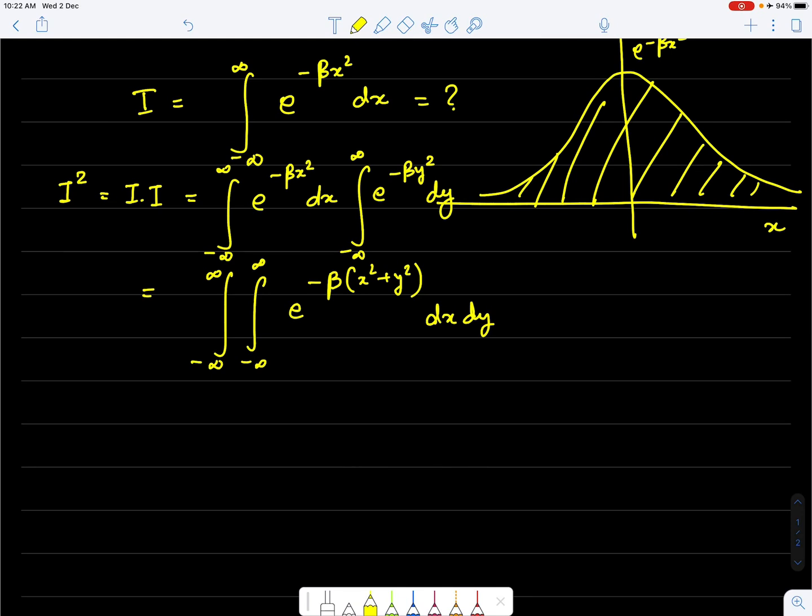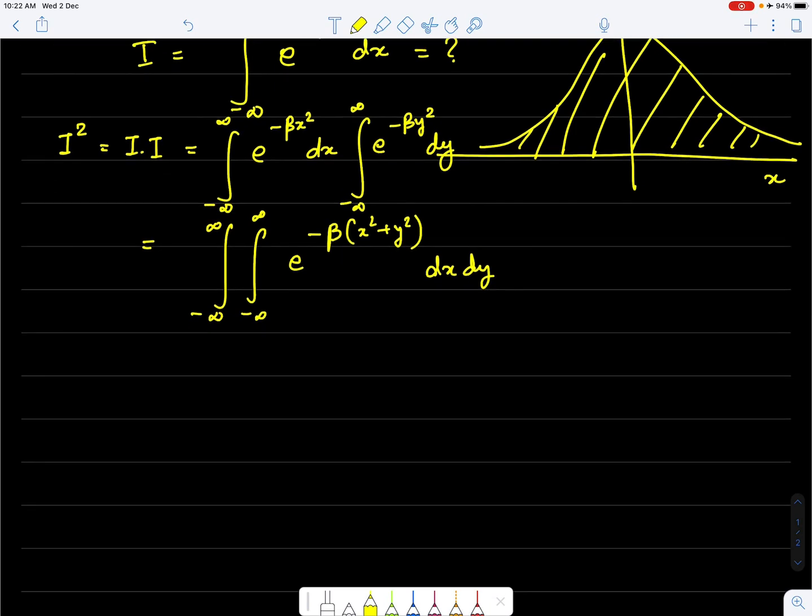So far it may not seem very apparent why we are doing this, but having converted this into the x and y plane, I can now calculate it using polar coordinates. Polar coordinates would mean that I convert x y into r and theta coordinates.